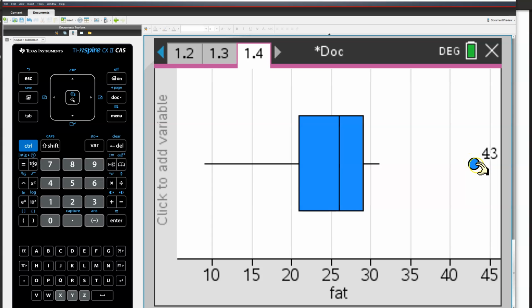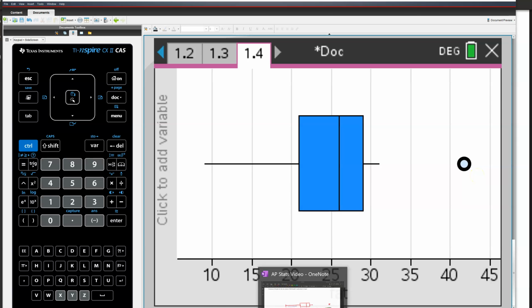In fact, this is kind of cool. So if you grab this 43 and you can, like I've corrupted my data, changed my data set, and that's not good, but if I make this smaller, 42, 41.5, look right there, right at 41, that whisker extends to that point because the calculator calculates that upper fence, and if the data point is below the upper fence, it makes the whisker go to that, and if it's outside, it goes to the 31.